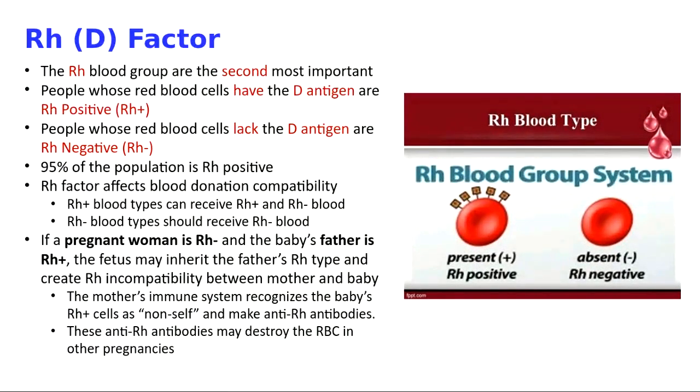The Rh blood group is the second most important blood group when we're talking about immunohematology testing. It is very powerful, and if you get the wrong blood, it's really not going to be as fatal as having an incompatibility with the ABO, but it can lead to other problems, especially in women of childbearing age, women that can become pregnant.